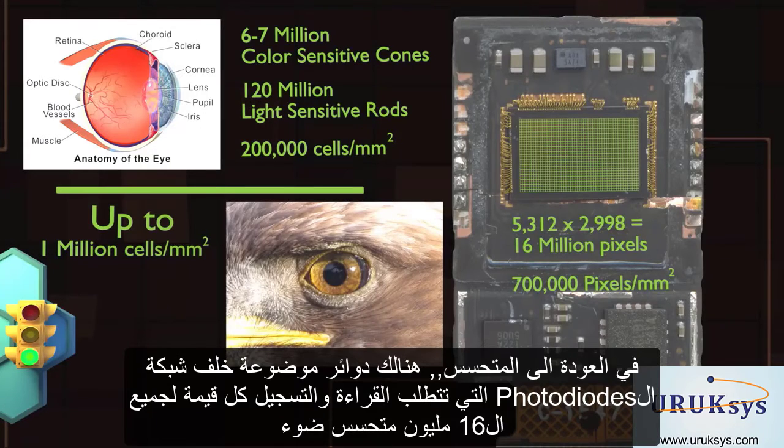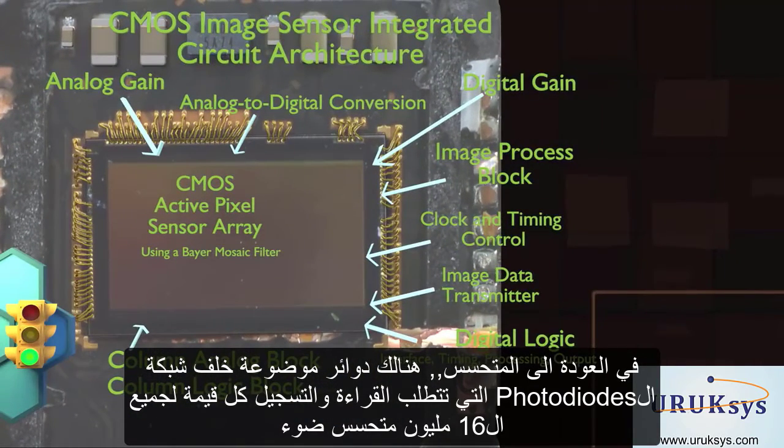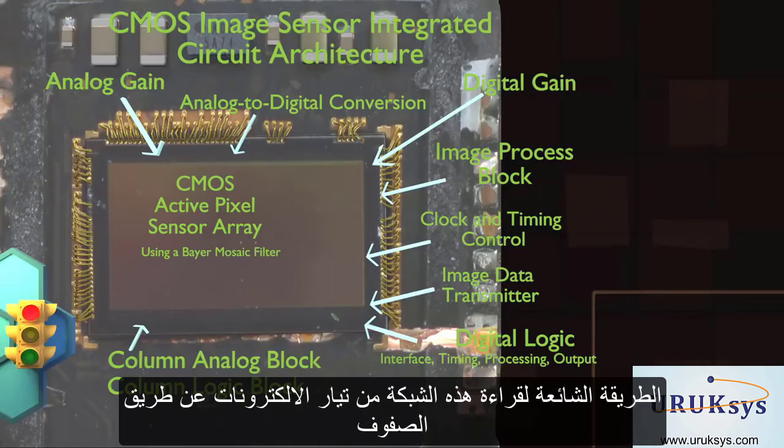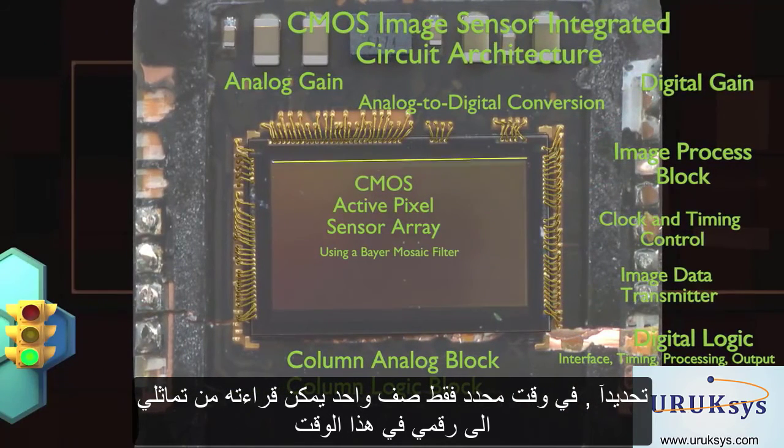Getting back to the sensor, there is a lot of additional circuitry beyond the grid of photodiodes that is required to read and record each value for all 16 million light-sensitive squares. The most common method for reading out this grid of electrical current is row by row. Specifically, at a given time only one row is read out to an analog to digital converter.